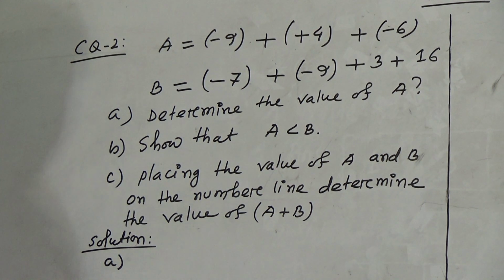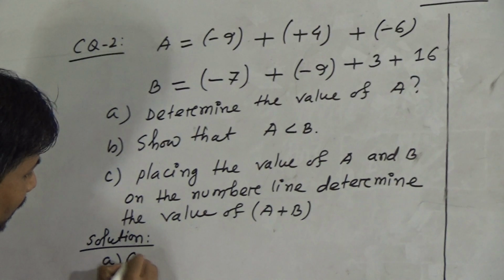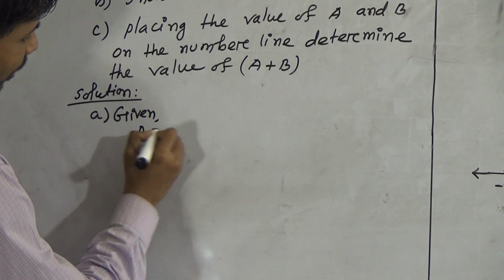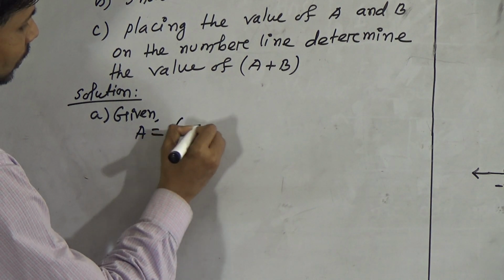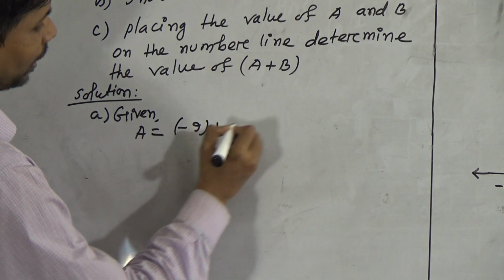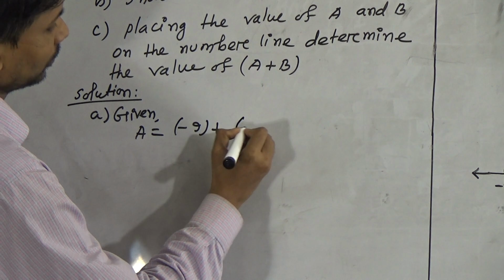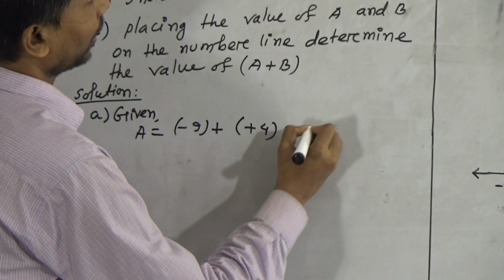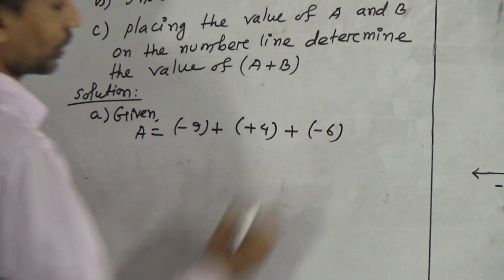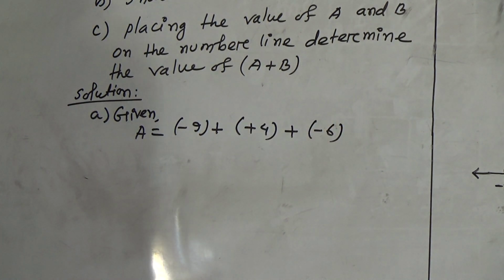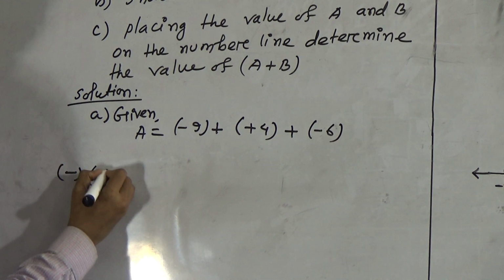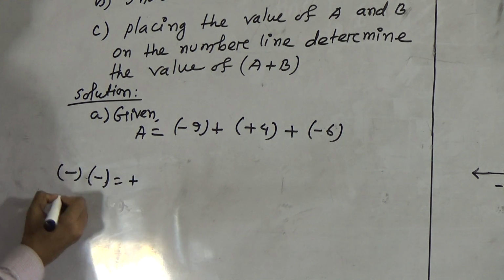Look, at first write, given A equal to -9 plus 4 plus -6. Student, you know that minus and minus equal to what? Plus.